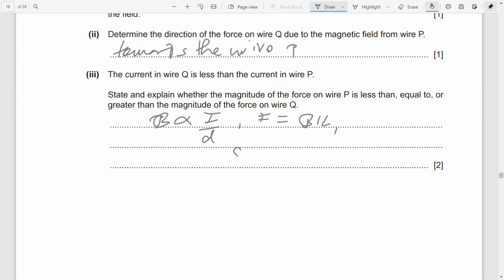So force on P is greater than force on Q. This is P, sorry, not B. This is for 2 marks.